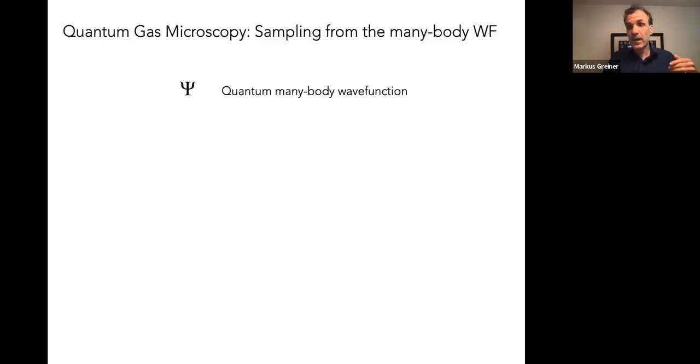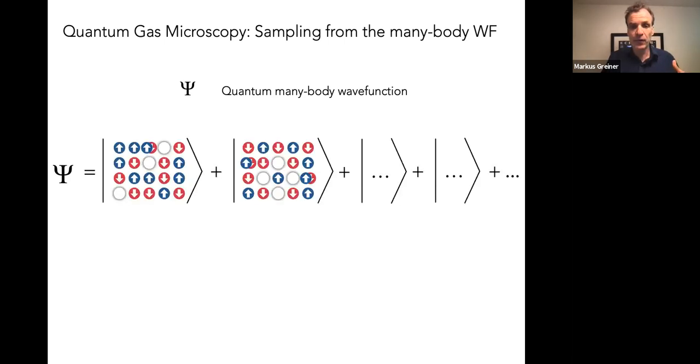So in the experiment, what do we do? We can first of all create systems in equilibrium as close to the ground state as possible. And then we take quantum snapshots. And I think this in itself is actually an interesting aspect, that we can really sample from the many-body wave function.